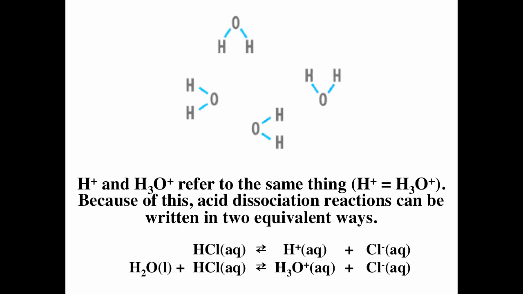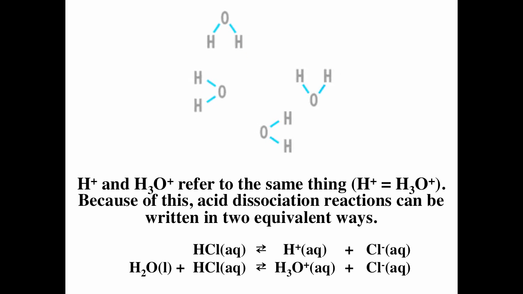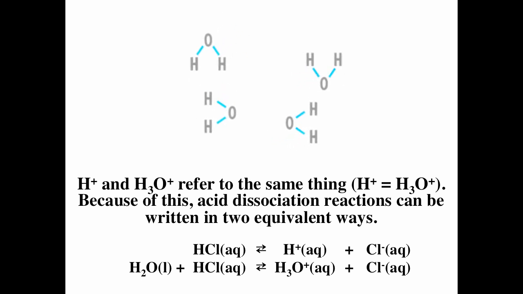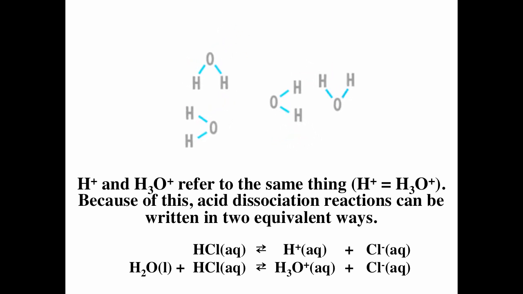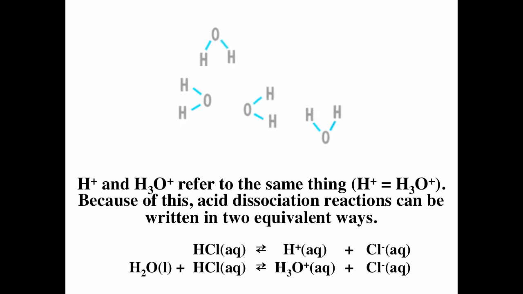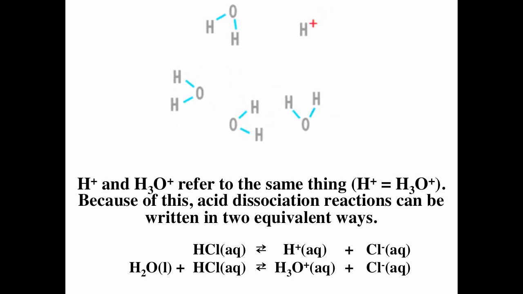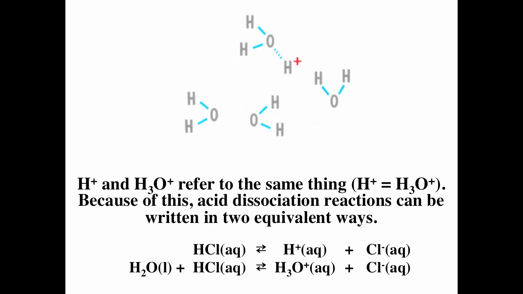And again, H+ and H3O+, the hydrogen ion and hydronium ion, refer to the same thing. They're both just an approximation for a hydrogen ion surrounded by about 4 different water molecules. A water molecule consists of 2 atoms of hydrogen and 1 of oxygen. Water molecules are attracted to a hydrogen ion, or proton, to form a conglomeration.